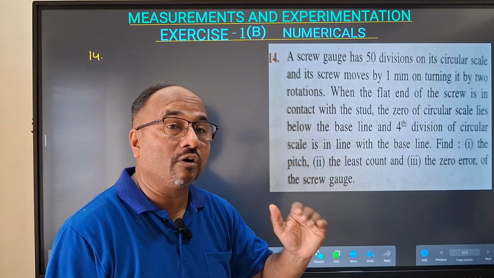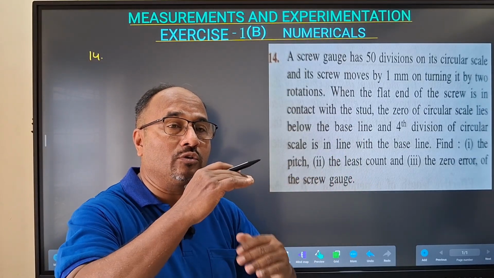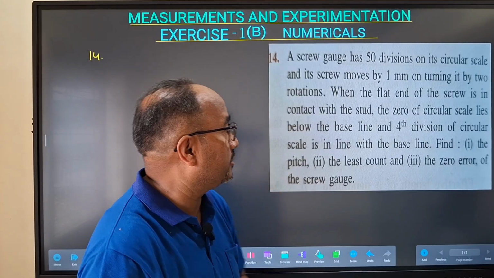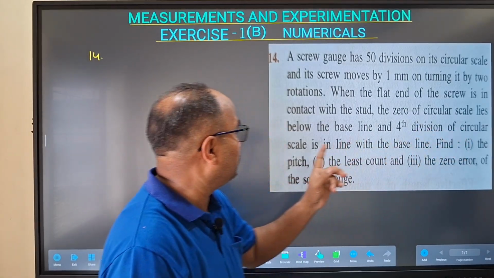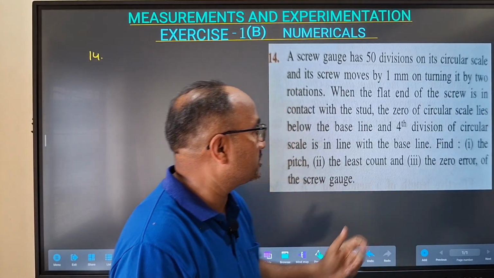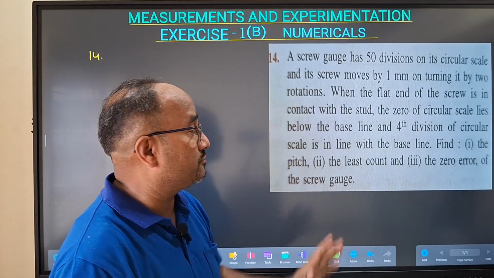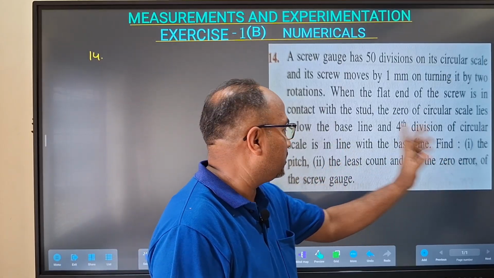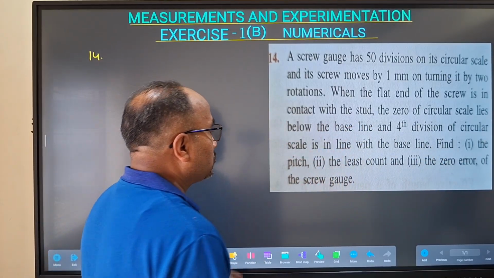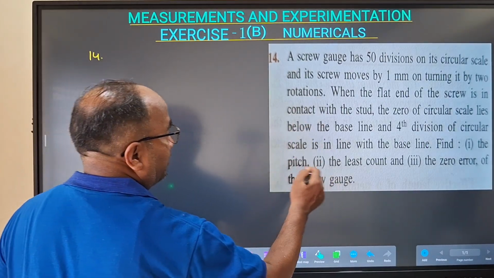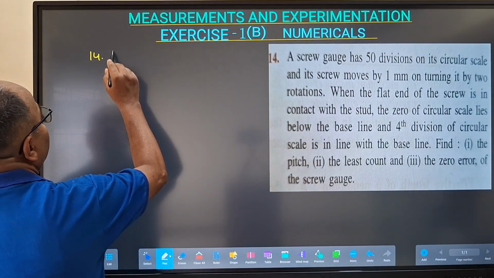So remember, zero of the circular scale is lying below the baseline. It means it will have a positive zero error. And the fourth division of the circular scale is in line with the baseline. So the fourth one is matching there, with a positive zero error. It is asked to find the pitch, the least count, and the zero error of the screw gauge. So we will see it one by one. So first of all, they have asked us to find the pitch.